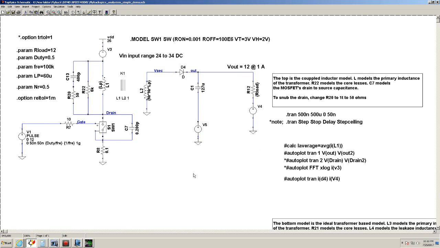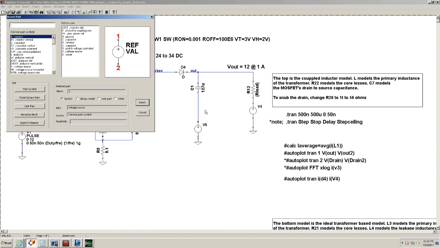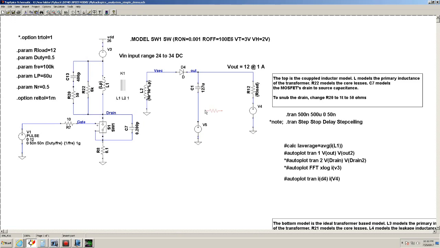Okay, so let's take a look at how the ESR affects it. I'm going to go ahead and add a resistor. We were talking that the impedance of this is approximately 12.5 milliohms.